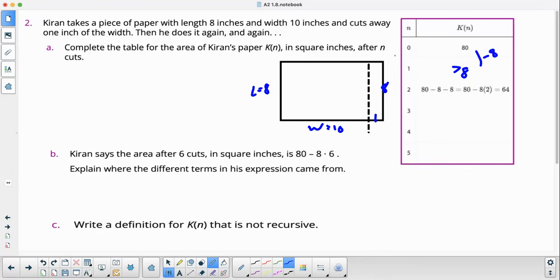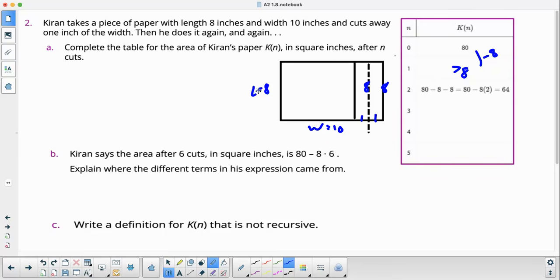Then he's going to do another one where he cuts another 1 inch from here. So he cuts another, and this is the same area. It's 8 times 1, so he's removing another 8.